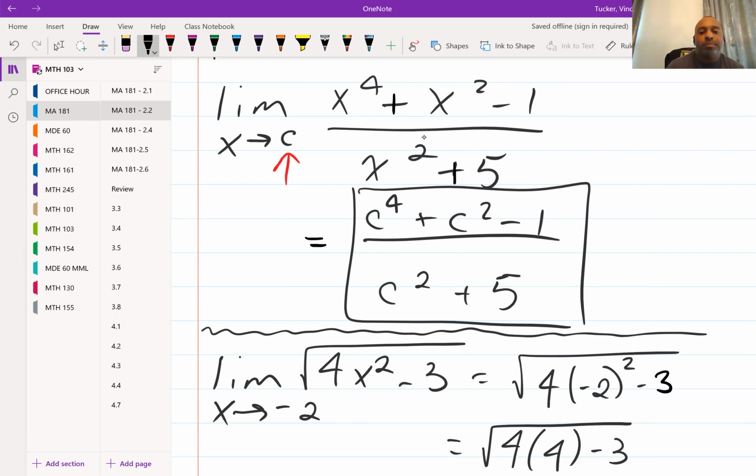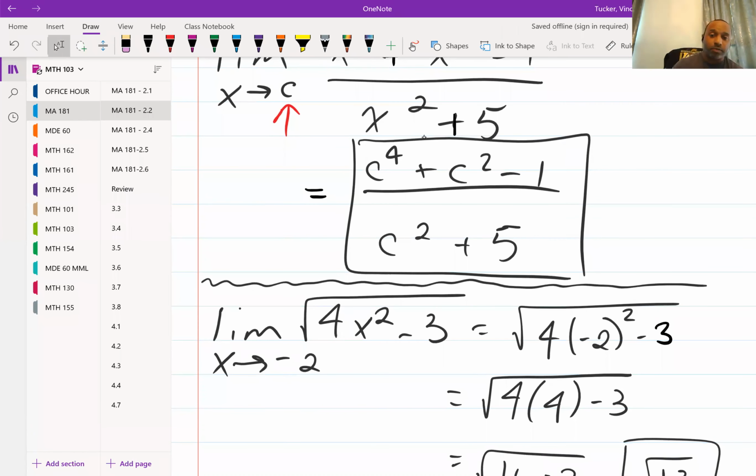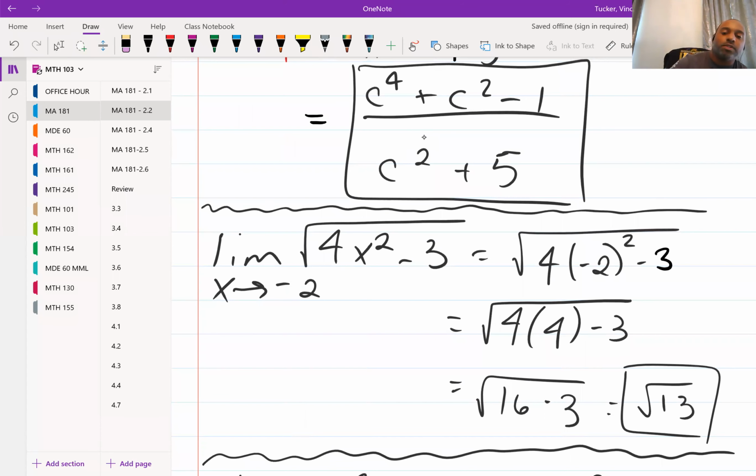The next one, we want the limit of the square root of 4x squared minus 3 as x goes to -2. Keeping the same thought process, we'll plug in -2 for x. So that's the square root of 4 times -2 squared minus 3. -2 squared is 4, 4 times 4 is 16, 16 minus 3 is 13.